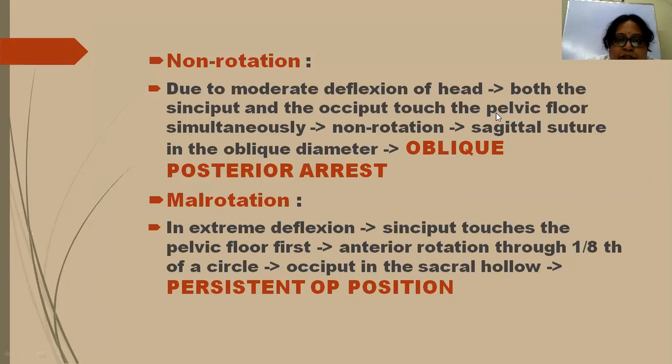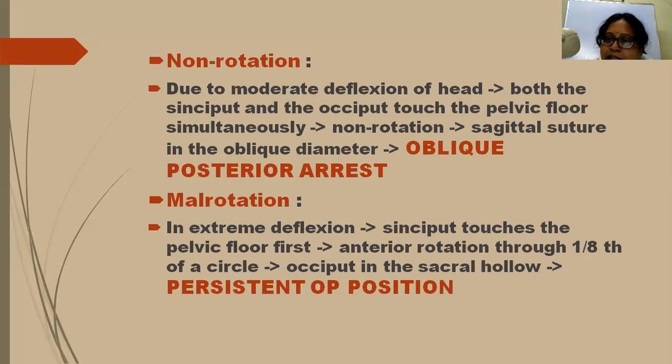So, see, we have seen non-rotation because of deflection of the head, both sinciput and the occiput. What happens in a well-flexed head? The occiput will reach the pelvic floor first and internal rotation will occur. But when both sinciput and occiput reach the pelvic floor first, the rotation is arrested because the largest available diameter is occupying the pelvic floor, which is occipitofrontal, 11.5 centimeters.